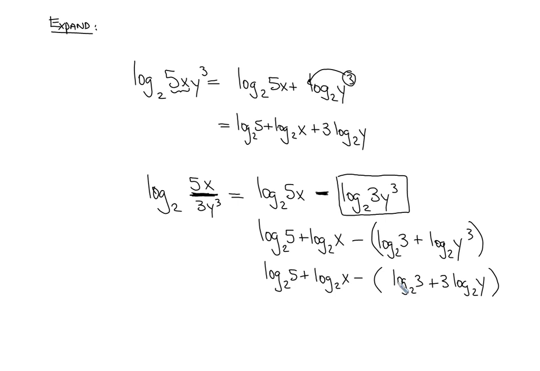You could leave your answer like this, or if you want, you could distribute the negative and get log base 2 of 5 plus log base 2 of x minus log base 2 of 3 minus 3 log base 2 of y. Does it make sense why those both have to be minus, guys? That's what puts them both back on the bottom if we were to go backwards. Does everybody see how that works?